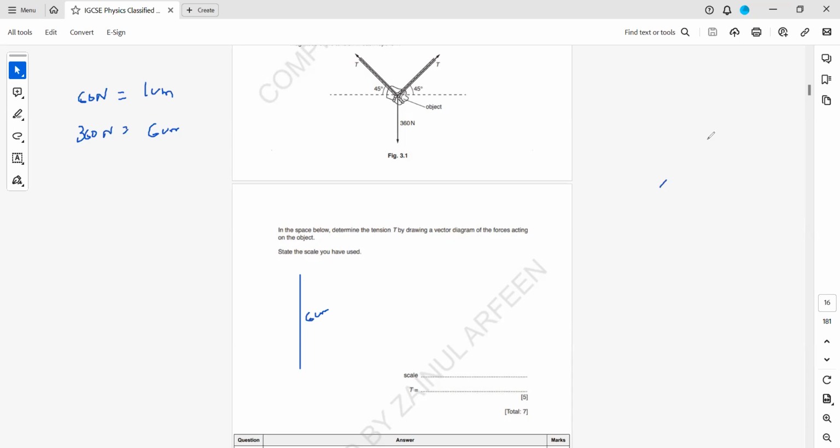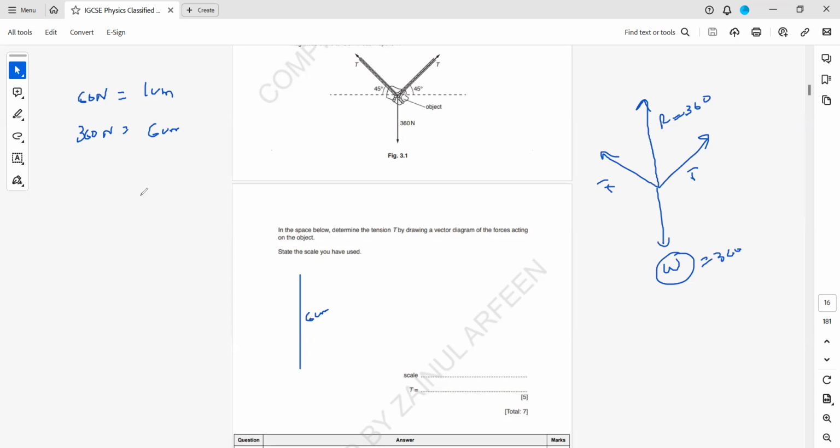The idea is that the resultant of the two tensions, which are acting at 45, will be equal to the weight. The weight is 360, so the resultant of these two tensions is also 360, which is 6 centimeters according to our scale. Now we can use a triangle method, or a parallelogram method as well.